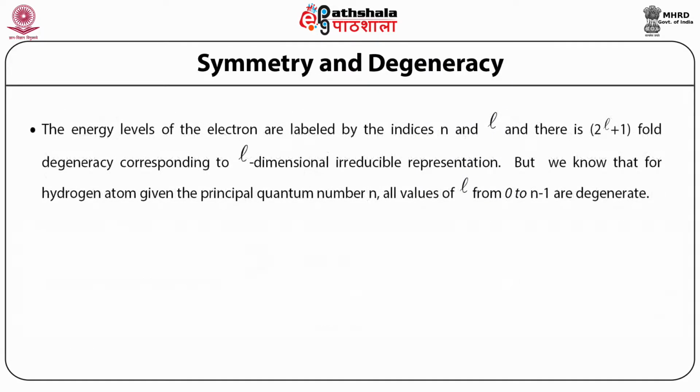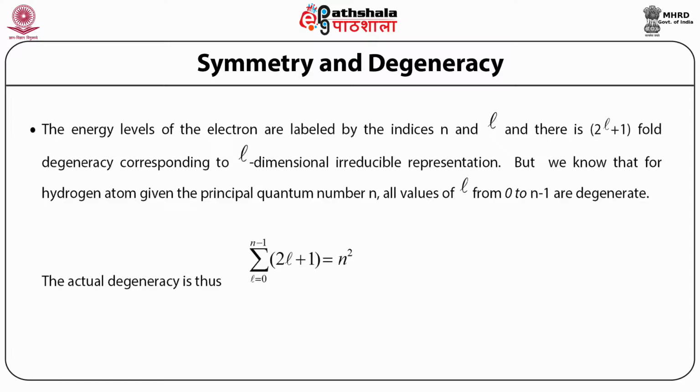The energy levels of the electron are labeled by the indices n and l, and there is a 2l plus 1 fold degeneracy corresponding to the l-dimensional irreducible representation. But we know that for the hydrogen atom, for a given quantum number n, all values of l from 0 to n minus 1 are degenerate. That is, the actual degeneracy is not 2l plus 1, but in fact it is n squared. These degeneracies arise from the internal symmetry of the hydrogen atom called dynamical symmetry.